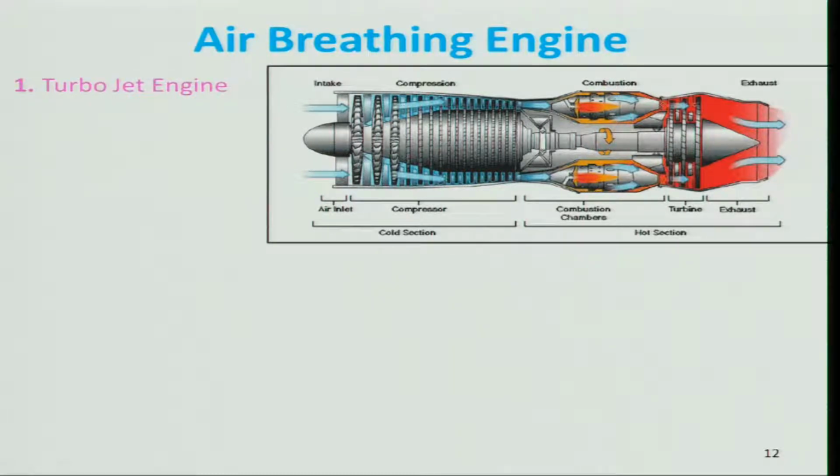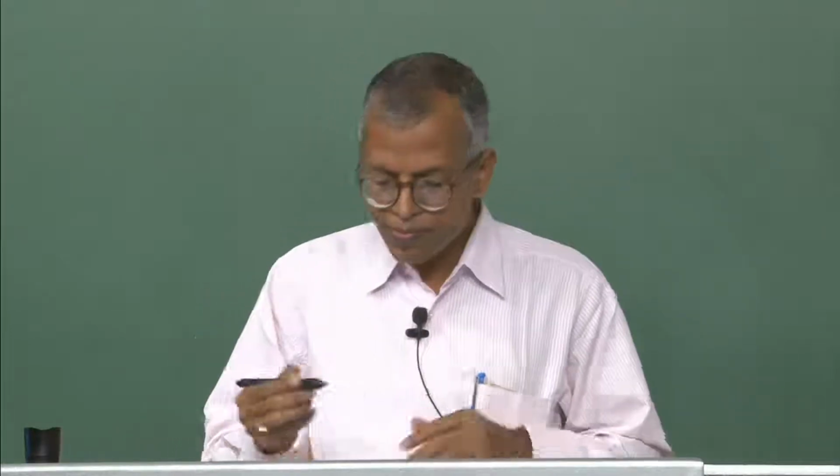Whatever work is derived from this hot, high temperature and high pressure gas by the turbine is meant just to run the compression. The function of the turbine is just to supply the power to the compressor, and all the thrust of this turbojet engine is harnessed by expanding the gas in a nozzle.